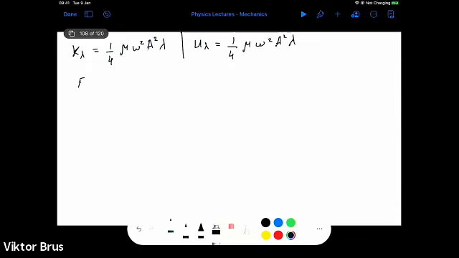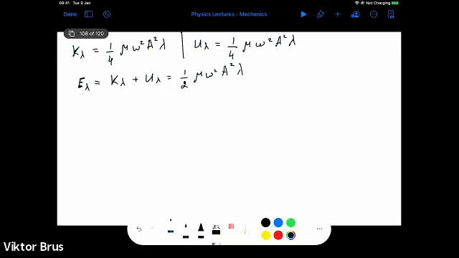So the total mechanical energy which is accumulated in a single wavelength of a sinusoidal mechanical wave will be equal to the sum of kinetic energy and potential energy per 1 wavelength, and this is equal to 1/2 mu omega square a square times lambda.